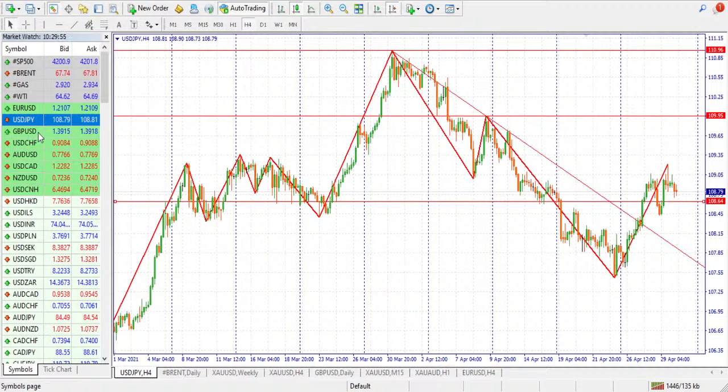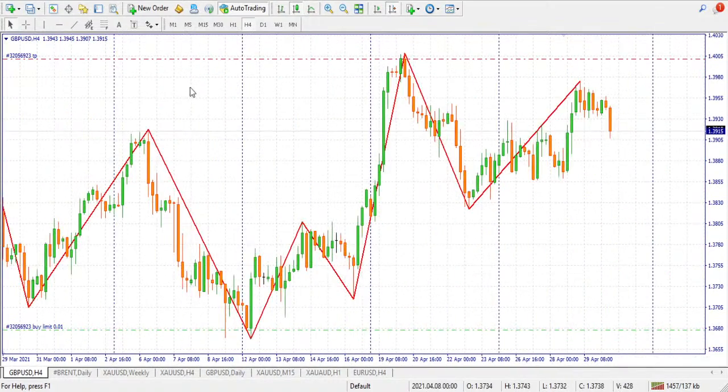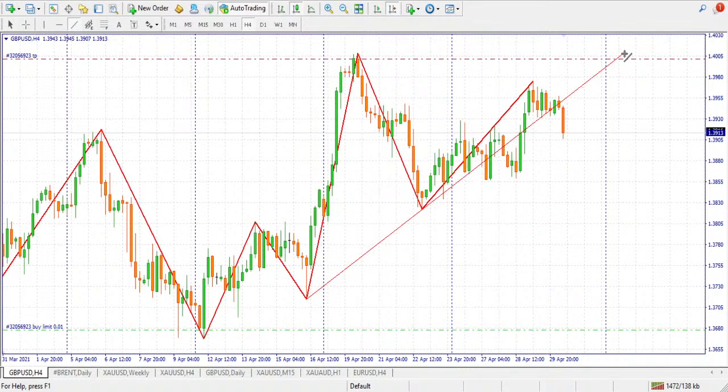The next symbol is the British pound dollar. So this chart, it looks like there's nothing significant happening on it, but I want price to go below this trend line. It's already there. Price is already below this trend line, which means this may be a very good place to look for a sell from.